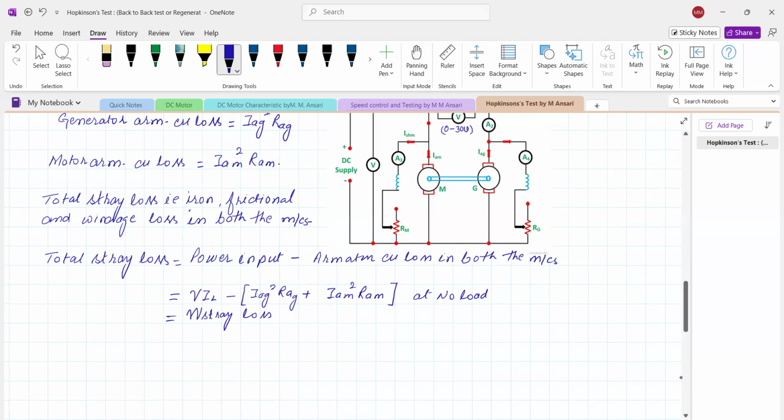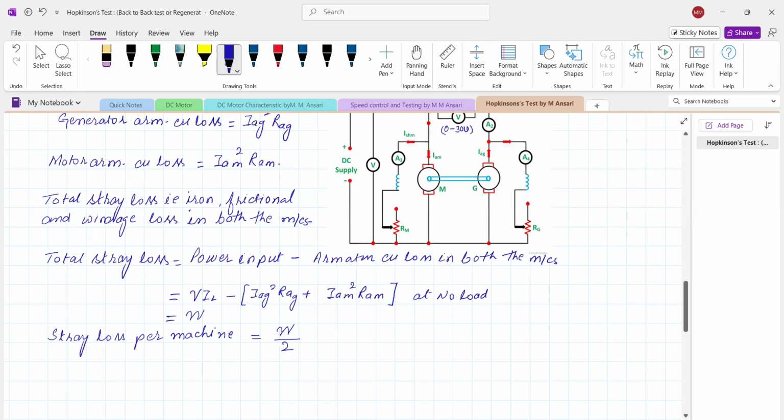Now, the stray loss per machine, since the machines are identical in type as well as capacity, is equal to W divided by 2.